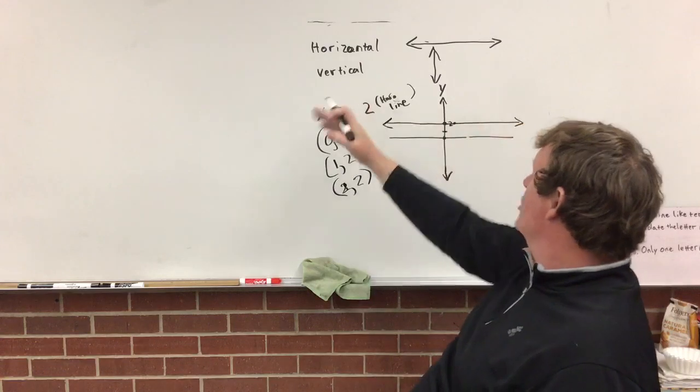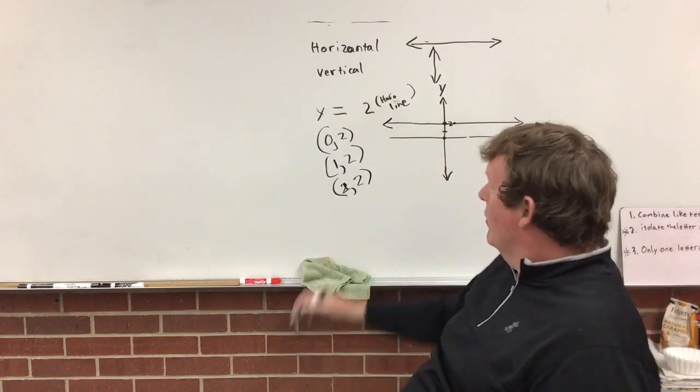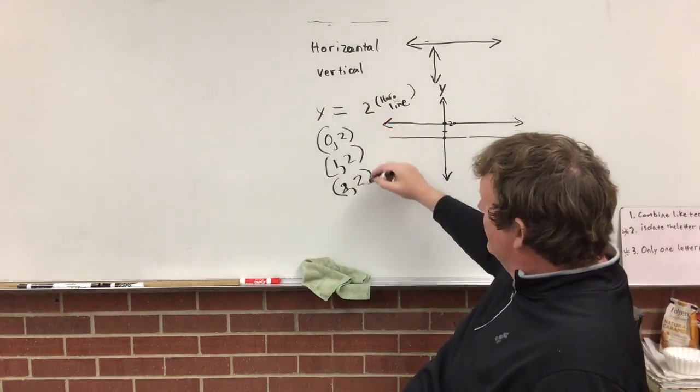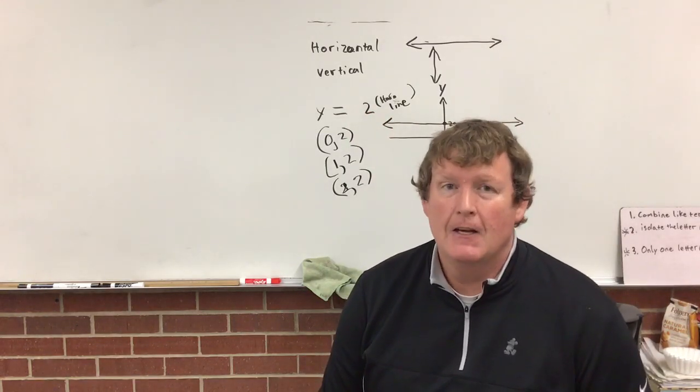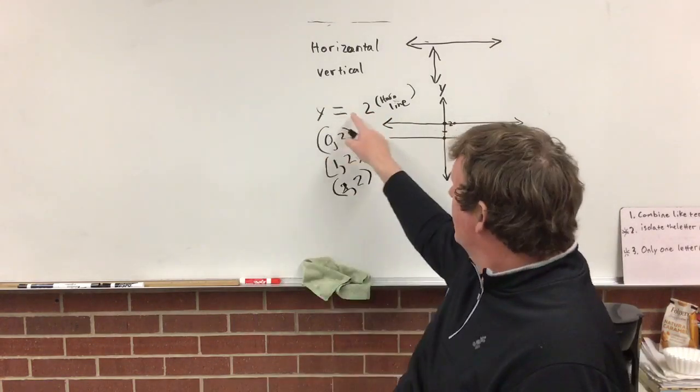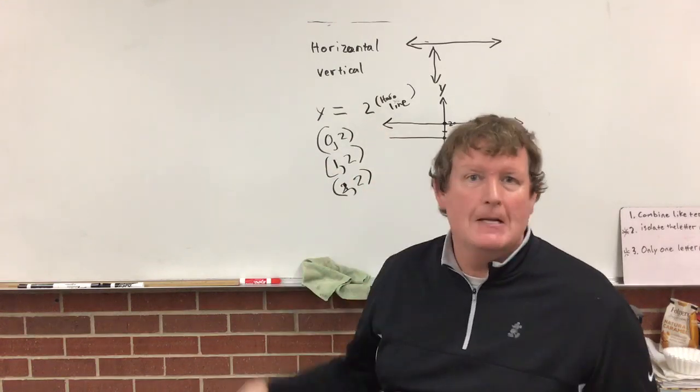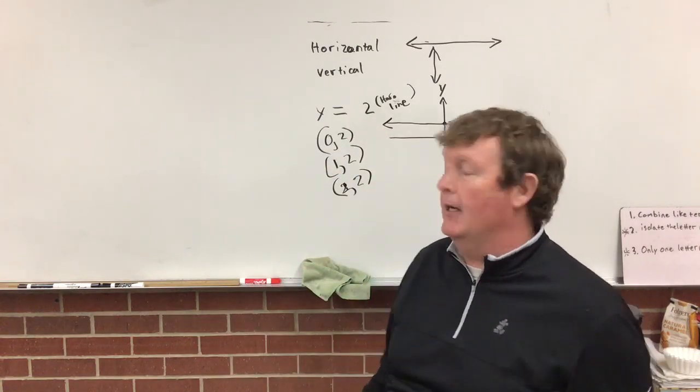Or a combination of negative numbers if you wanted to. Remember, the only key is that y has to stay constant. y has to be the number that it's equal to, or it's not on that horizontal line.